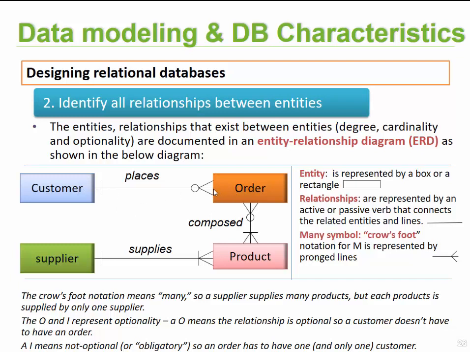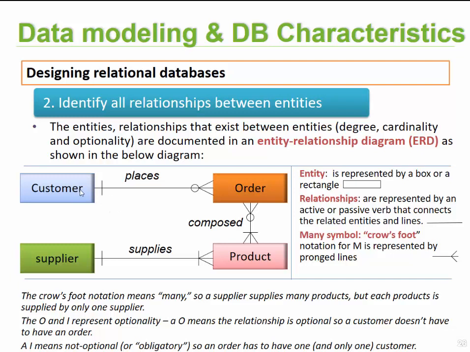If I ask you to give me the business or the enterprise rules, we can translate it to the following. Now remember I said you need to have two sentences. First of all, going from customer to order to explain that, and then going back from order to customer to explain what we see there.